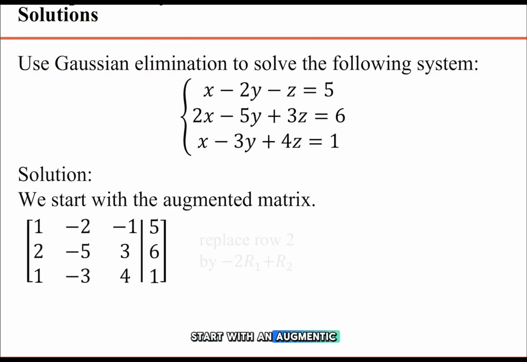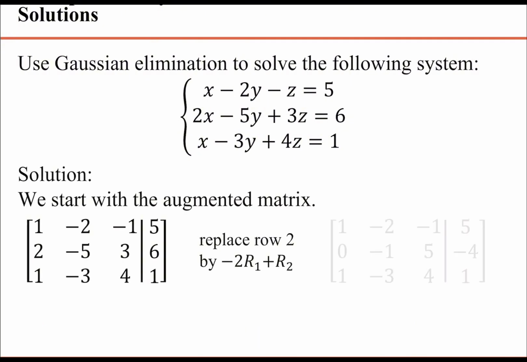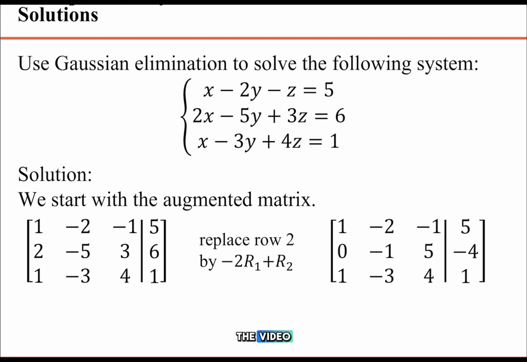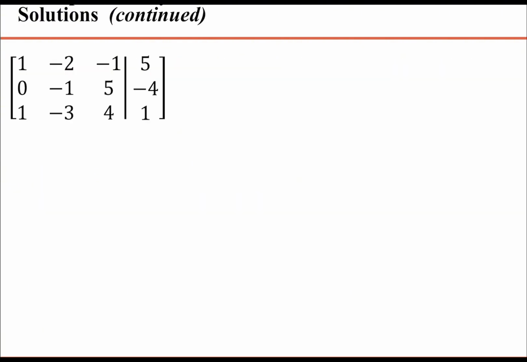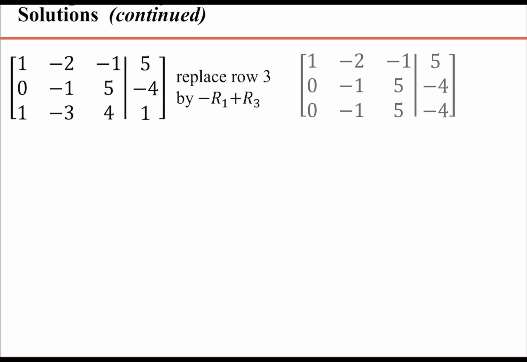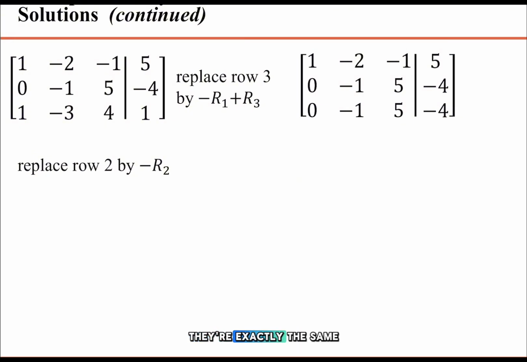start with an augmented matrix. Remember, you can pause the video. And if you look in the matrix on the right, they're exactly the same. Row 2 and row 3 are exactly the same.